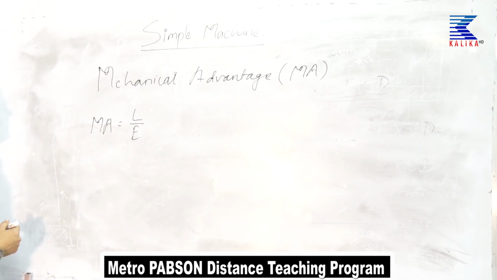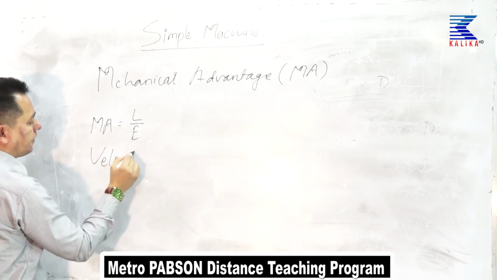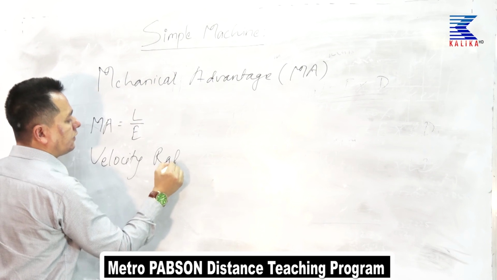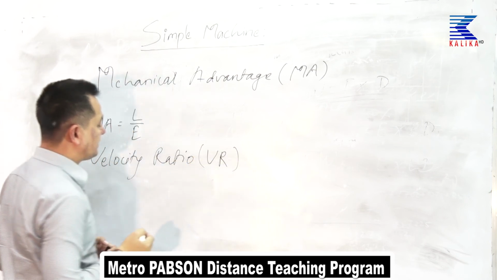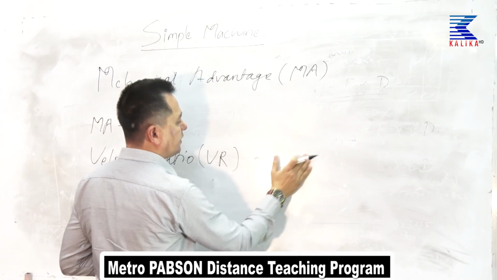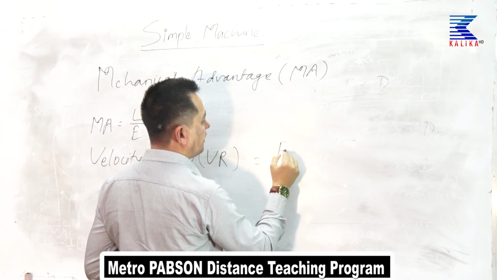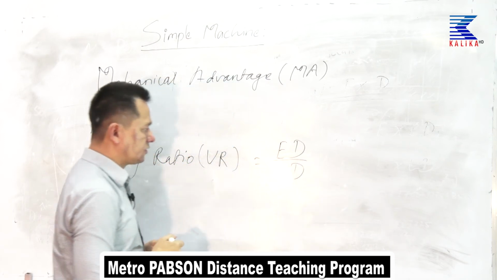The next is velocity ratio, in short VR. Now what is it? Velocity ratio is the ratio of effort distance to load distance.